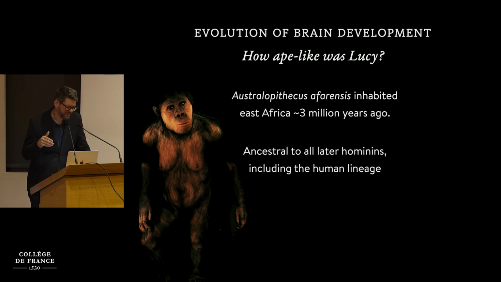So basically, we studied them, because there are many beautiful fossils, not just Lucy, available, and we studied them because they give us kind of a baseline for basically the hominin condition.